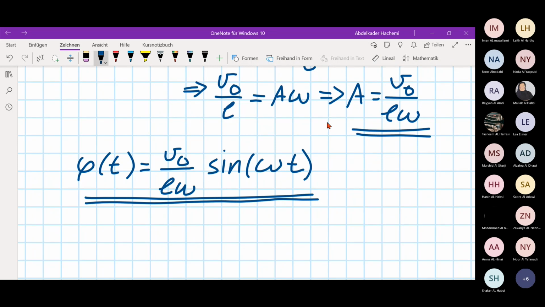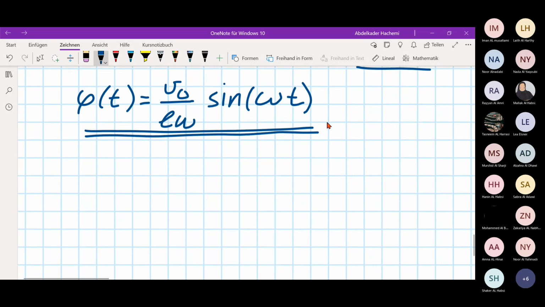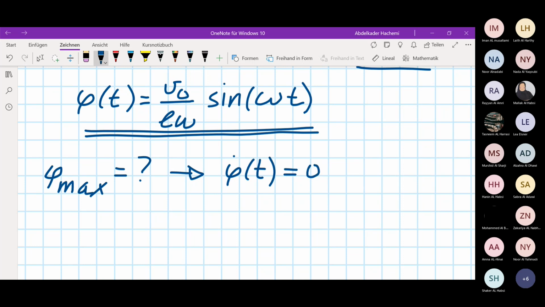Now, to determine phi max, we know that the maximum can be reached when its derivative is equal to 0. That means in this case that we have phi dot at time t should be equal to 0. This is the condition to get phi max.